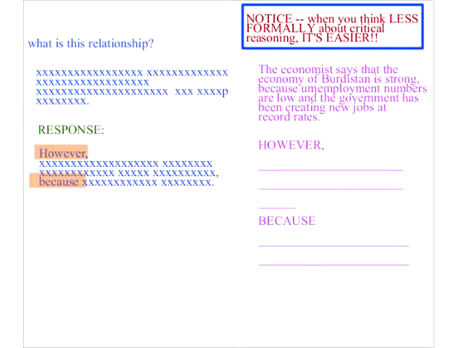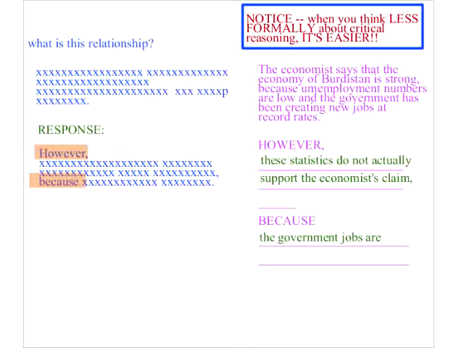However, something like this claim is, however, these statistics do not actually support the government's claim, or support the economist's claim, because the government jobs are temporary and funded from money that will soon be exhausted.